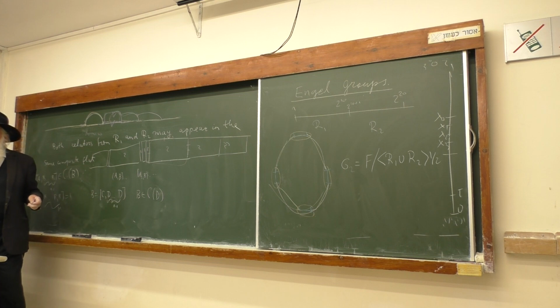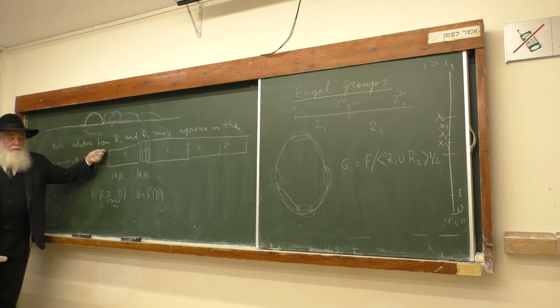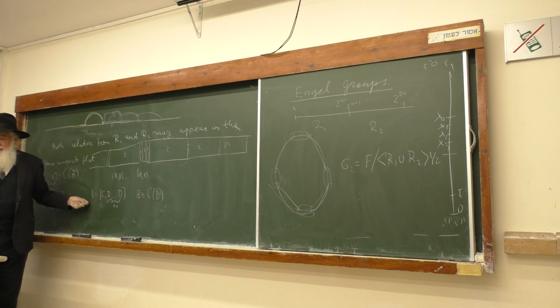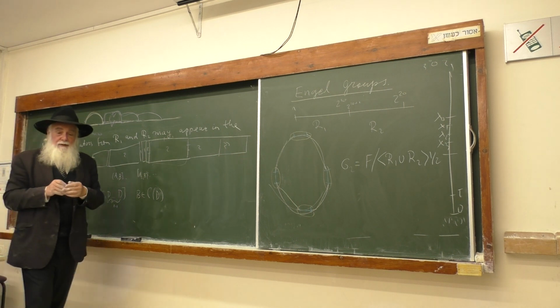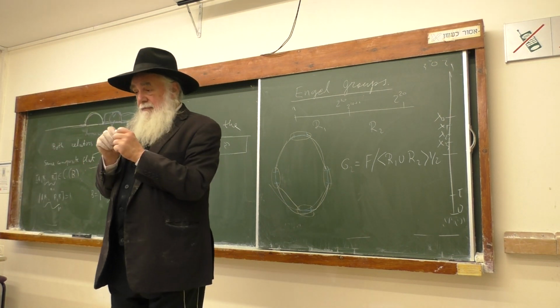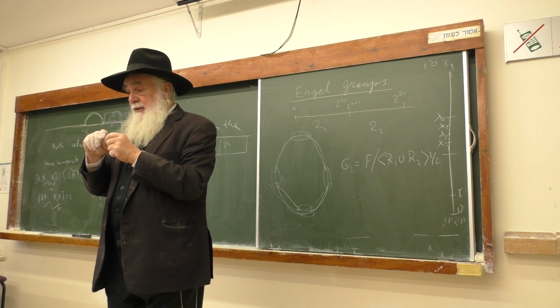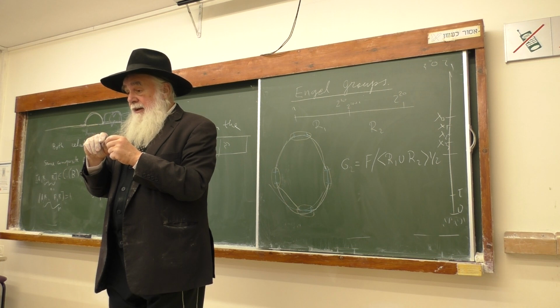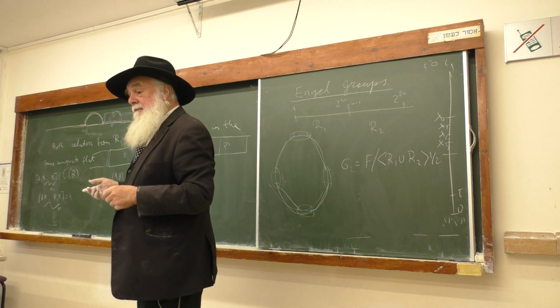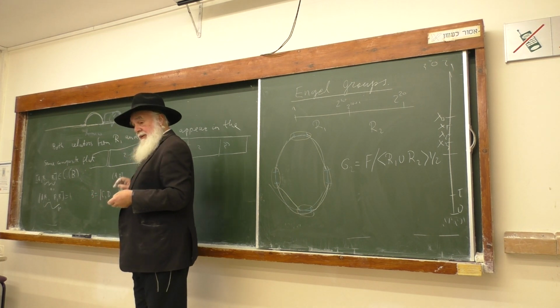So these form the part of the centralizer of B that is much shorter than B. So in general, in an angle group, the centralizer of an element is generated by words that are much longer than it, but it could also be generated by words much shorter than it.